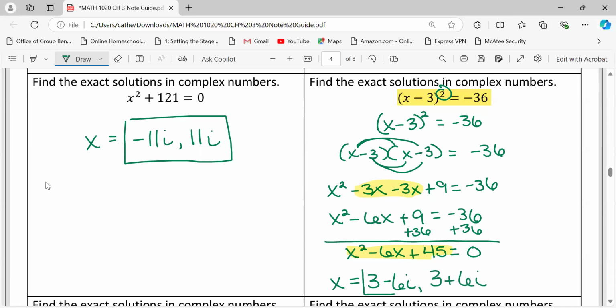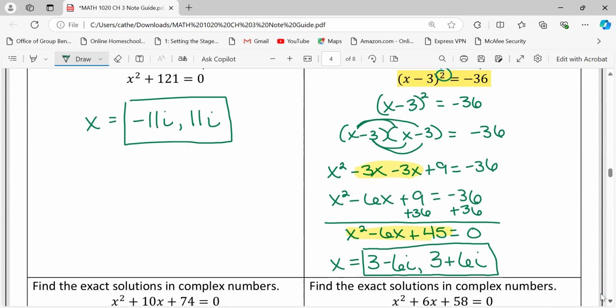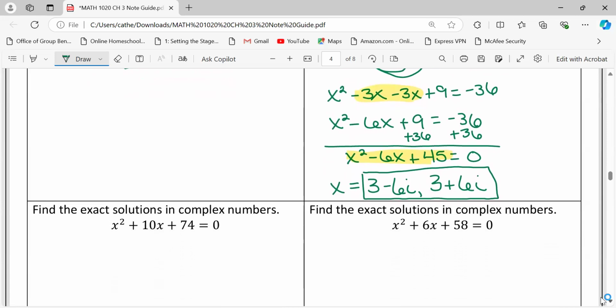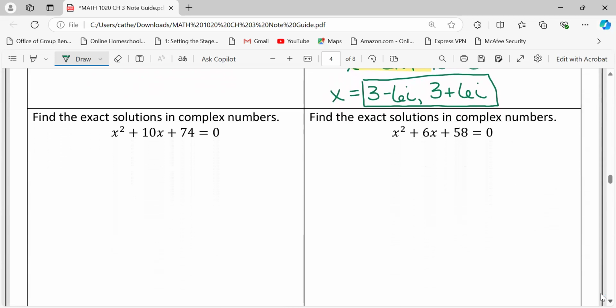When you type an i, just a lowercase i, into MyMathLab, it will bold it. It knows it means i is an imaginary number. It's the square root of -1. We don't really get into that in depth.